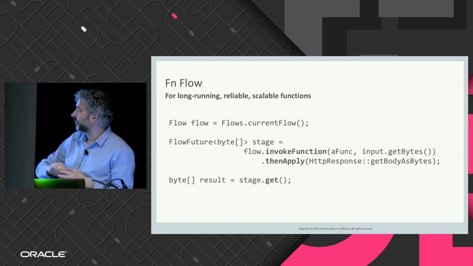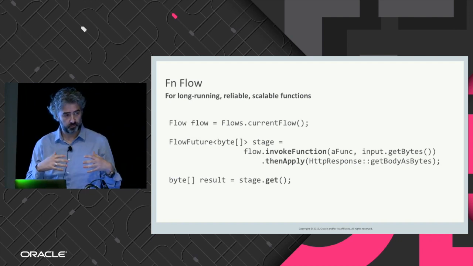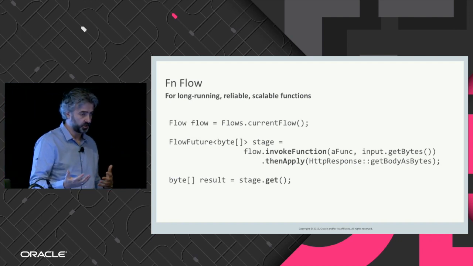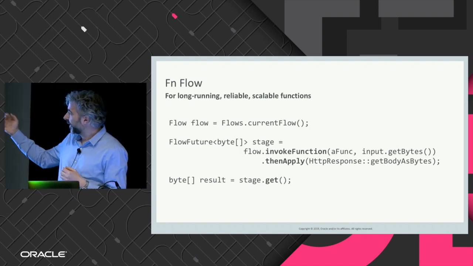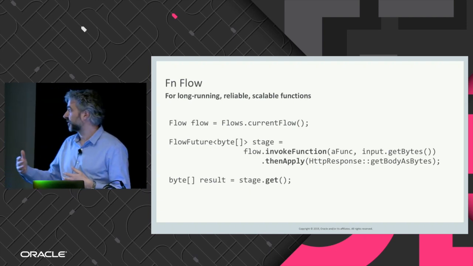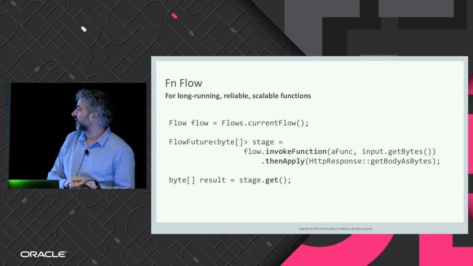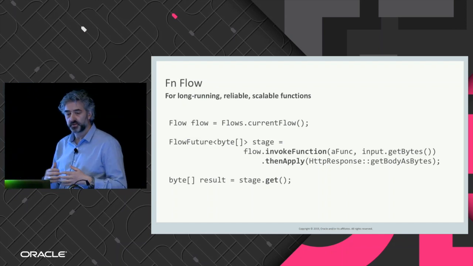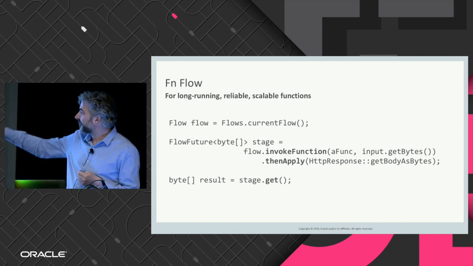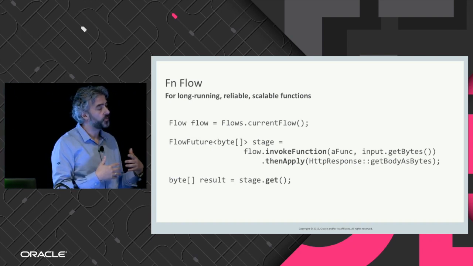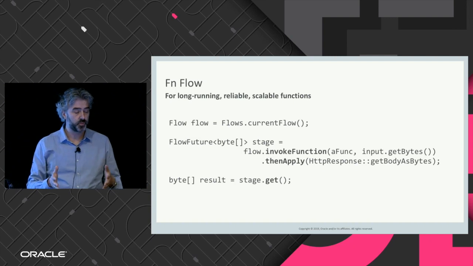So first, we need to have a flow object. A flow object will basically contain the result of a function invocation. So we are creating this object, and then we are creating the pipeline execution. That's the second line. You see the first line is an invoke function method. So basically, we're invoking a remote function. And you see afunc is basically the ID of my remote function. This doesn't have to be a Java function.